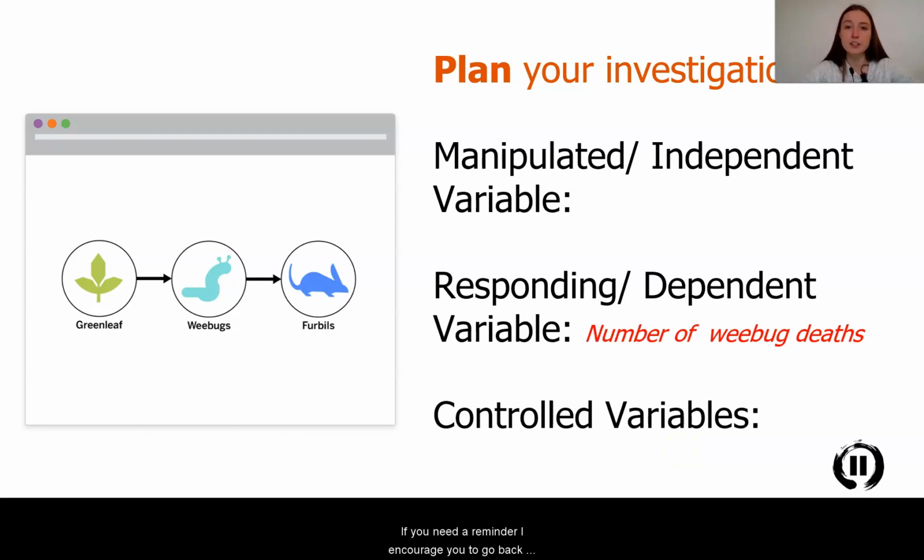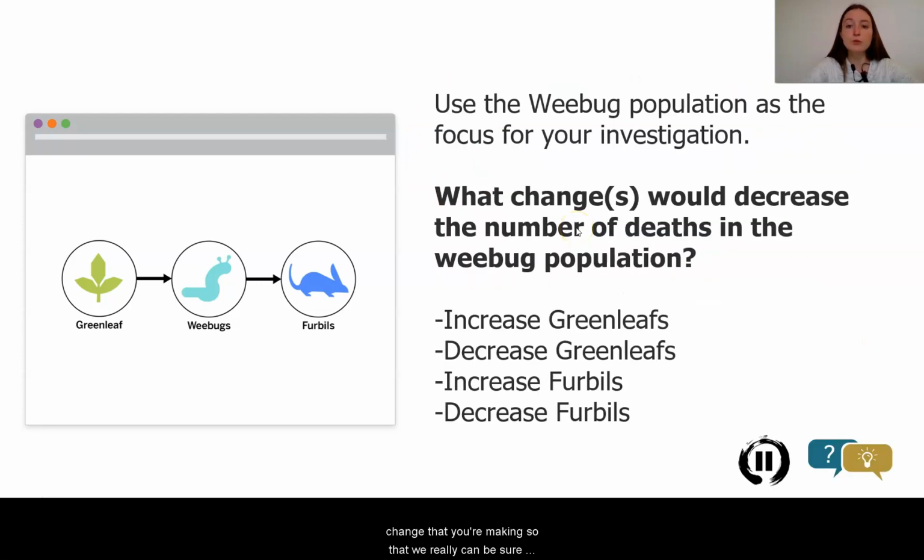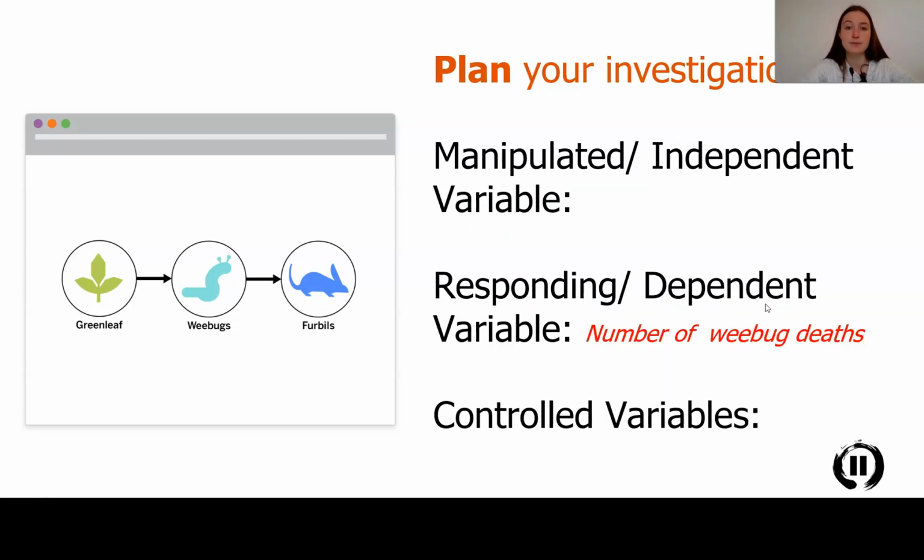If you need a reminder, I encourage you to go back into lesson 5 to take a look at some of the things that we kept controlled in our test for the number of birth changes. What things do you not want to mess with? We only want to have one manipulated variable, or change that you're making, so that we really can be sure that this is the thing that is affecting the number of wee bug deaths.